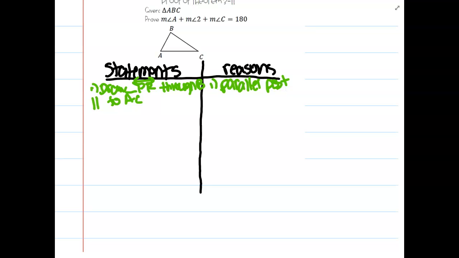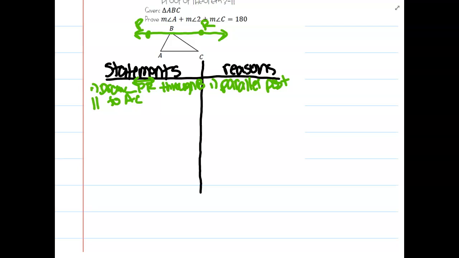The parallel postulate says through a point, you can draw exactly one parallel line to AC. So let's go ahead and draw our line. So one line parallel to AC. Now we call this line PR. So it just means that on this line we have point P and we have point R.